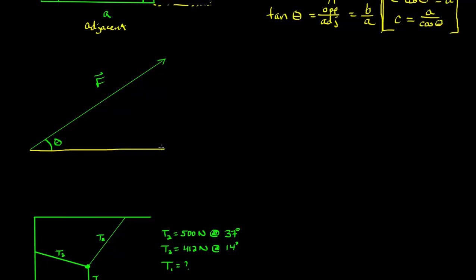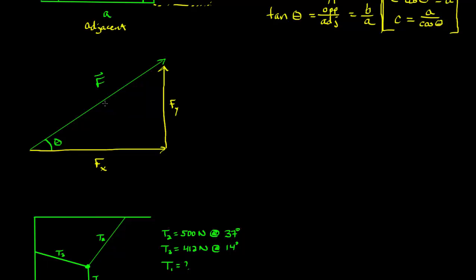So I see that this force is applying a force this way. We'll call that the force in the x direction. And then I get a force in the y direction. What I want to do is determine each of these, given this one. So given the hypotenuse, how can I figure out the force in the y direction? How can I figure out the force in the x direction?